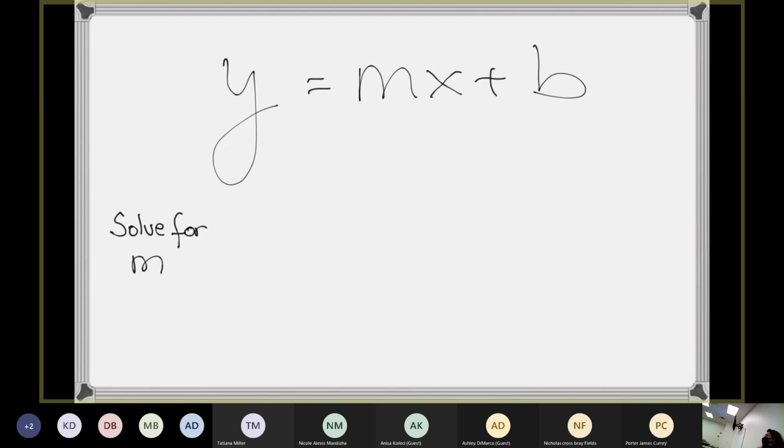First step is to subtract the B. We gotta get rid of everything that doesn't include the M. I'm sure Danielle is wanting to say that. So we're going to subtract the B, and then Danielle is already one step ahead of me. Yes, you are correct. So on the left-hand side, we have y minus b equals mx.